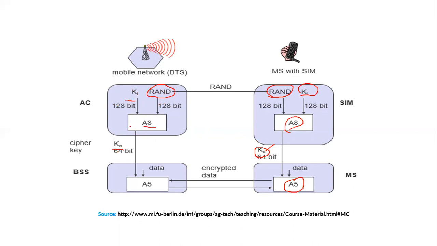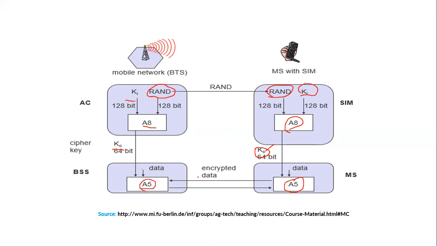And now the mobile network, if it wants to send anything, will encrypt this data using the A5 algorithm, using the key Kc, the cipher key. Okay, so encryption and decryption are done through the A5 algorithm.